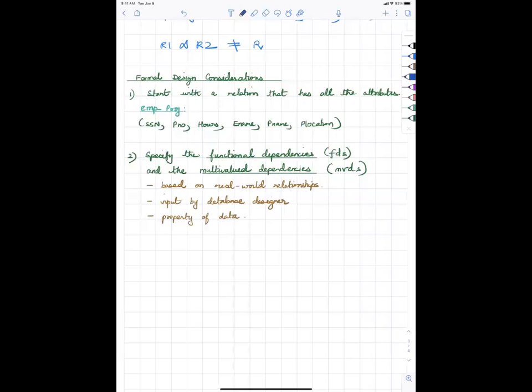Or at UNH, if you know the UNH ID, then you know the name of the person. So right now I'm going to talk about functional dependencies a little bit. I may talk about more later. I won't talk about multi-value dependencies right now. I'm just going to talk about functional for a while.